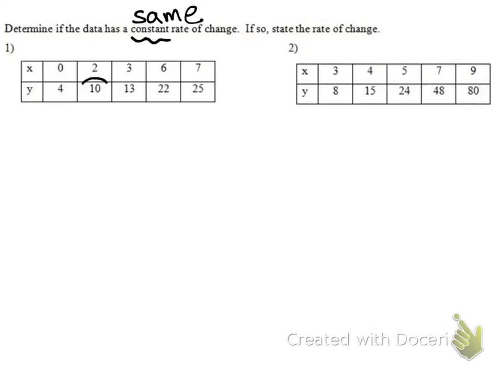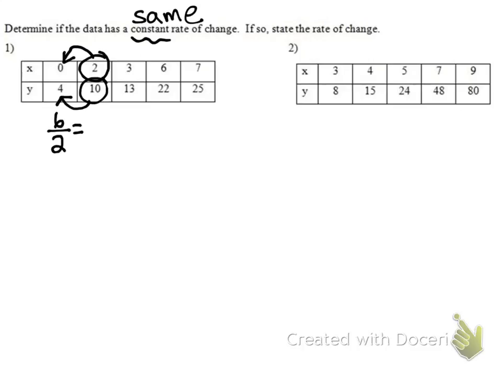So I'm going to subtract these two y values first. What is 10 minus 4? 6. On the bottom of that, I'm going to put the x values. What is 2 minus 0? 2. Now, you can reduce that using your calculator.